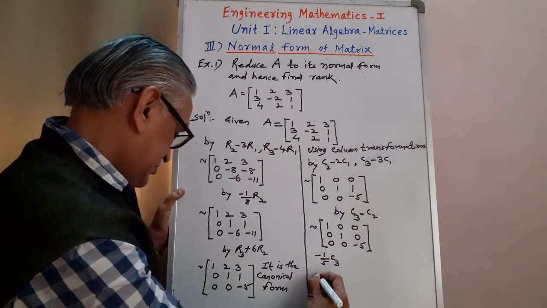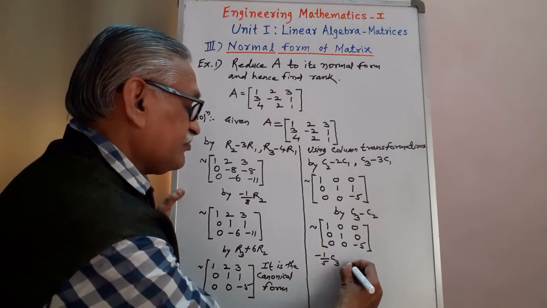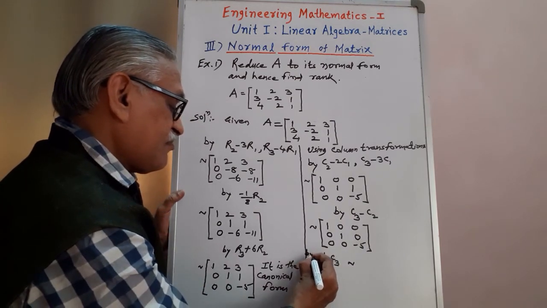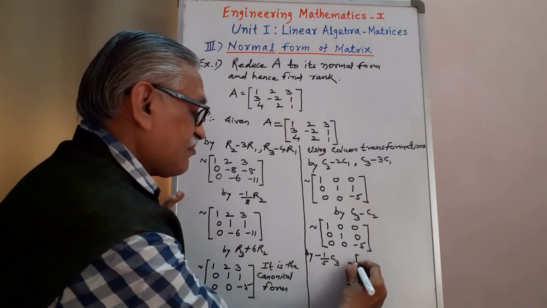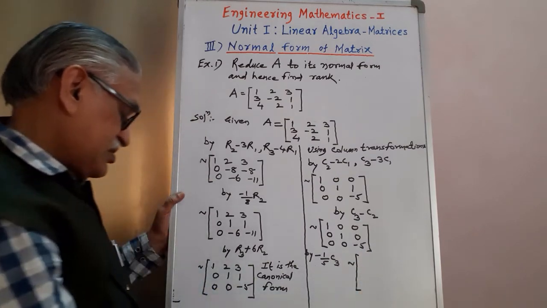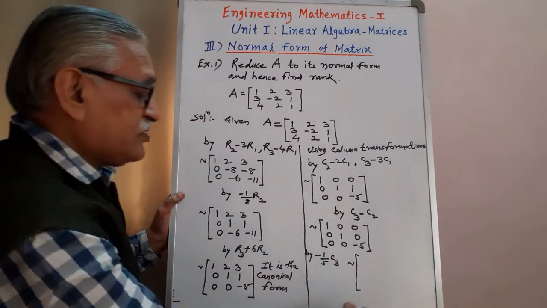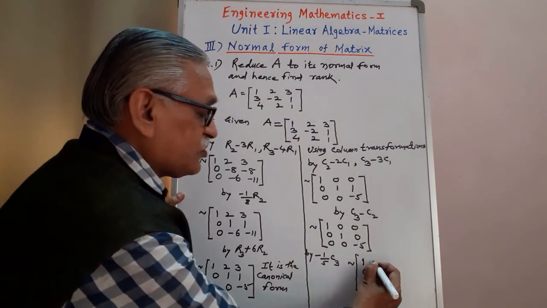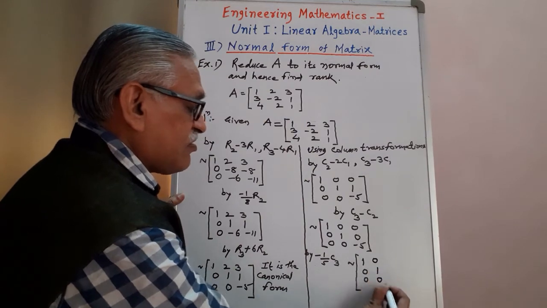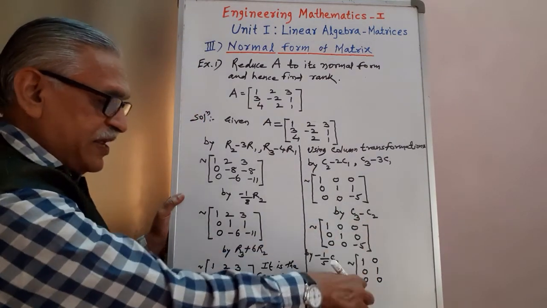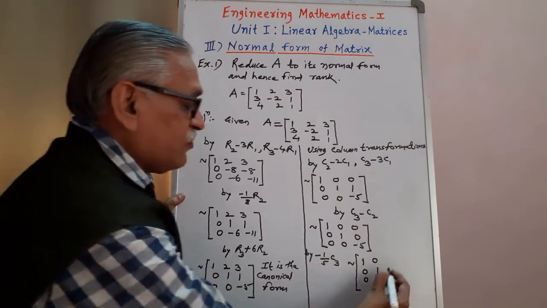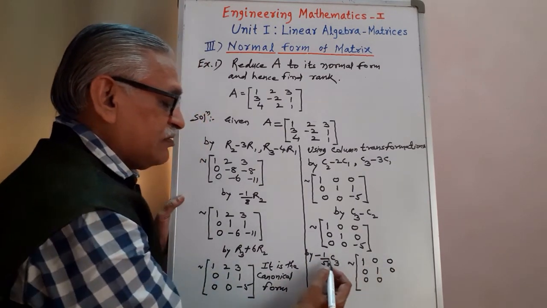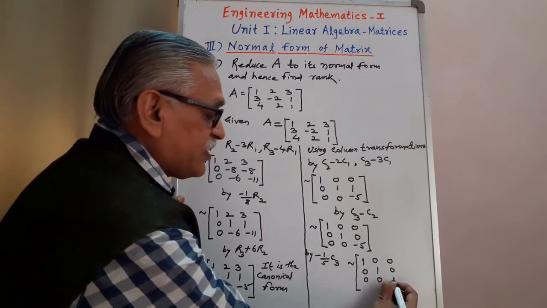We get first column no change, 1 0 0. Second also no change, 0 1 0. And third, multiplying each element by minus 1 by 5, we get 0 0. Minus 1 by 5 into minus 5, we get 1 here.